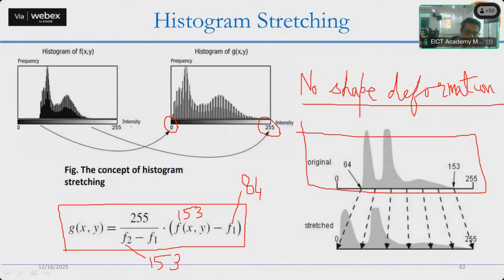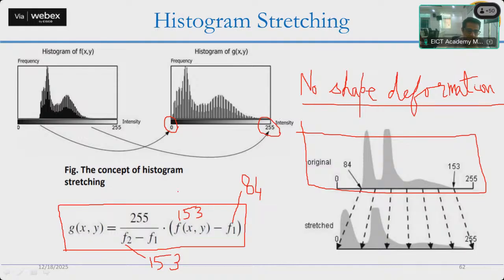Whatever the initial shape of the histogram, this will always hold. Why will it always hold? Because the formula is this one: 255 upon f2 minus f1, where f2 is the maximum intensity value present in the original image, and f1 is the minimum value present in the initial image.